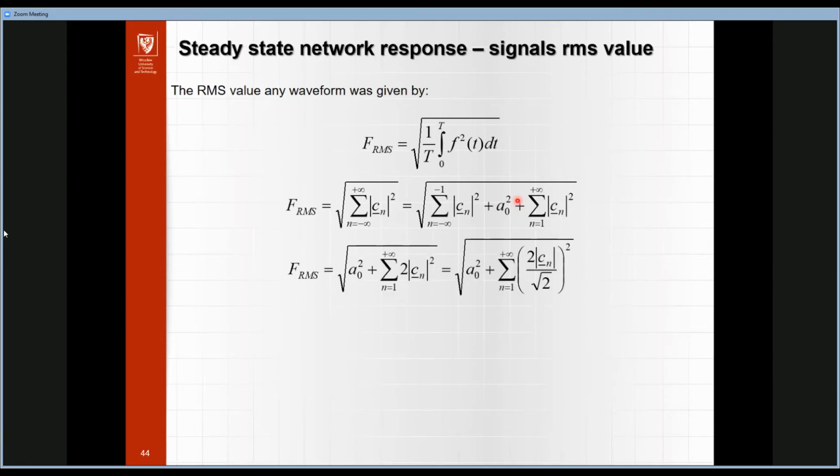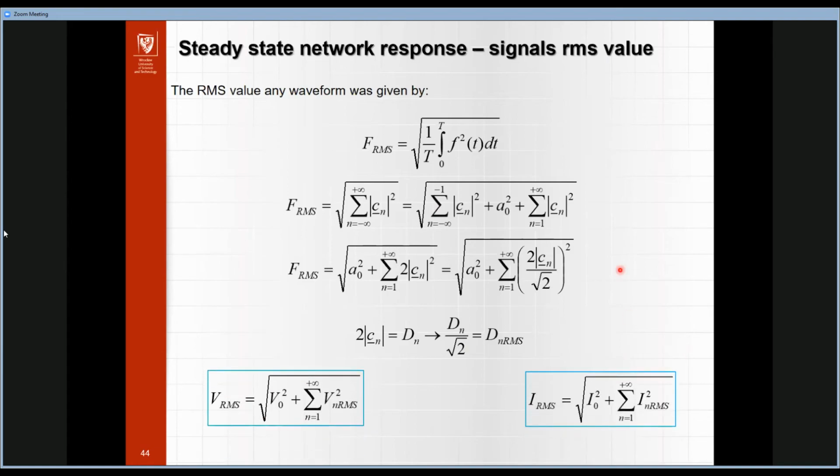As a result we can change this into a multiplication by 2, because we take into account only the absolute value here, and we obtain that 2 multiplied by the modulus of Cn is equal to the RMS of the nth harmonic.